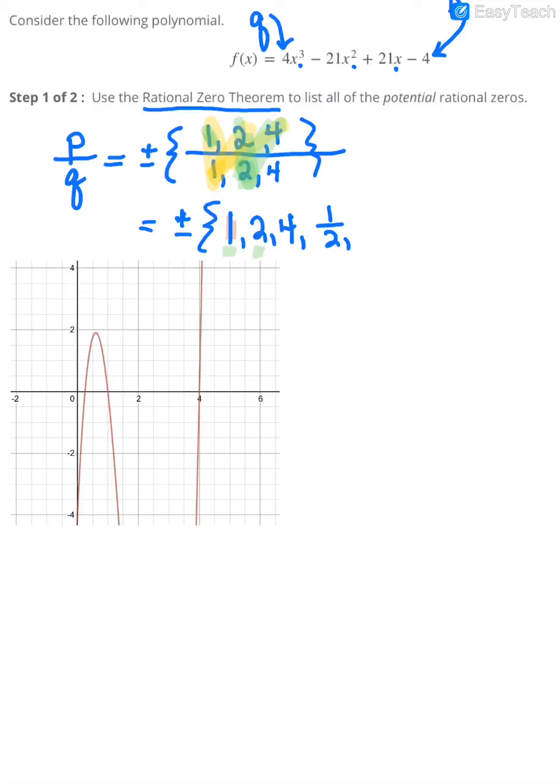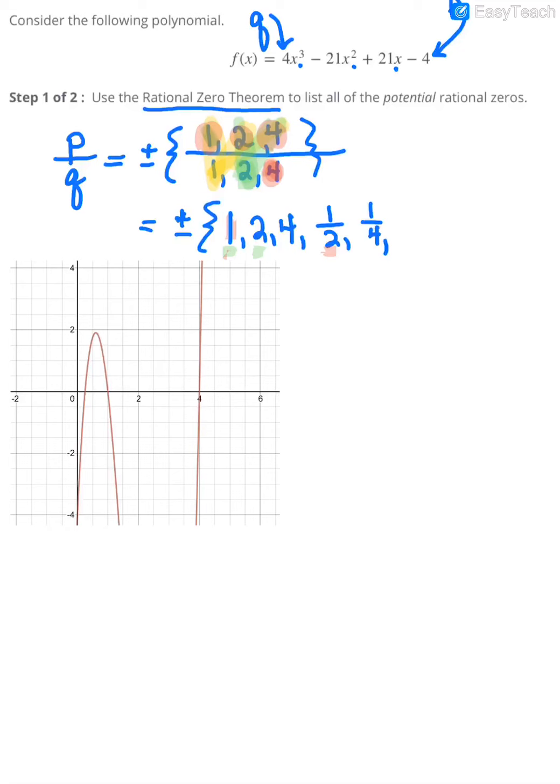So then finally, I go back, and I'm going to put all of the numbers over 4. So when I do 1 over 4, that's going to give me the fraction 1/4. When I do 2 over 4, that reduces to a half, which is already listed. And when I do 4 over 4, that reduces to 1.